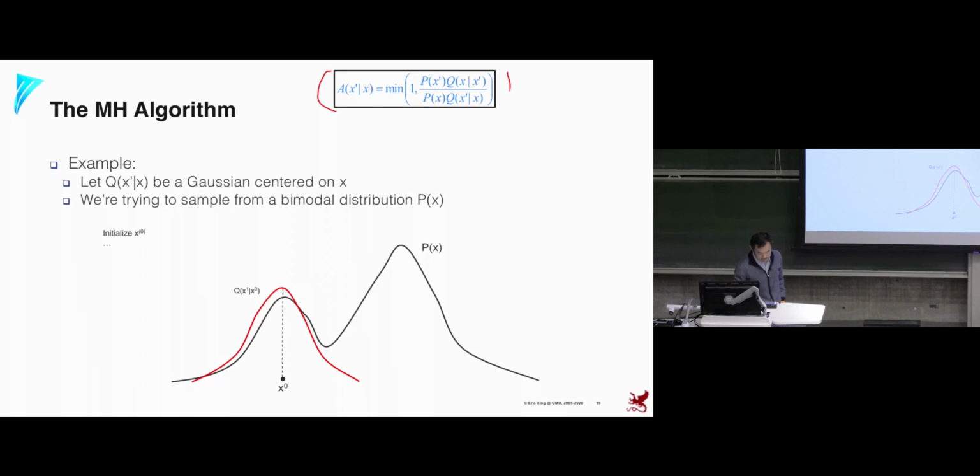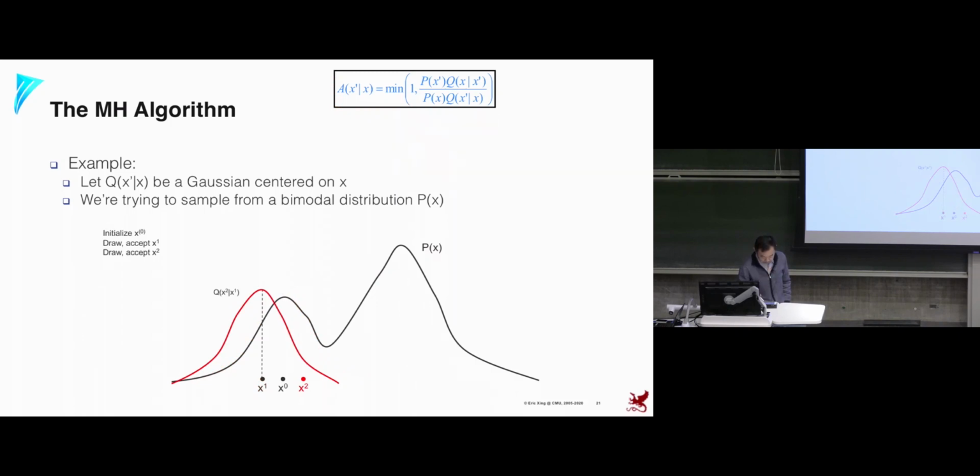And now you have x0. You are going to draw x1 conditionally on x0 using this distribution. This distribution is again a very bad distribution centered on one of the modes, and your first new example comes from here. You accept it, because this number turns out to be very good.